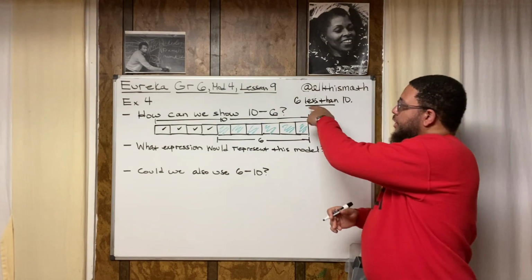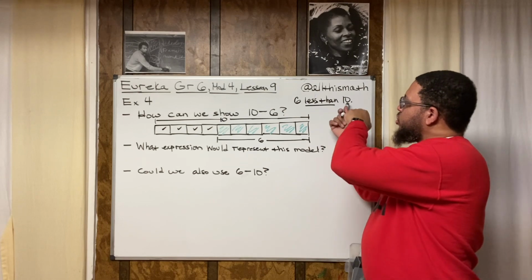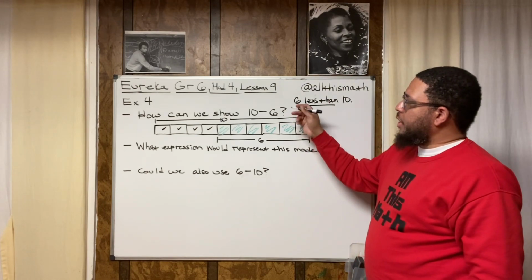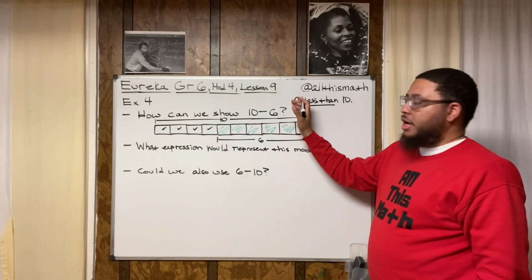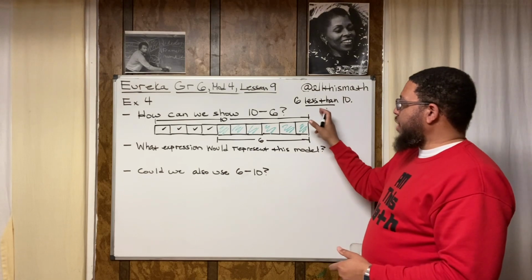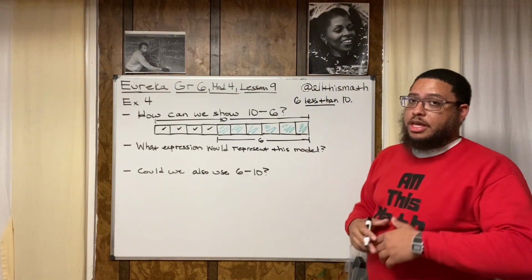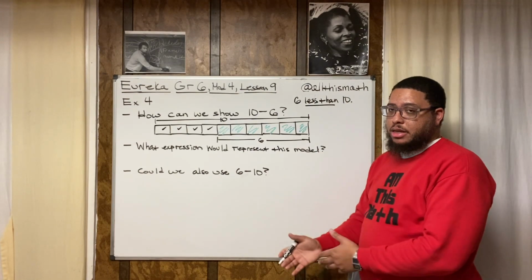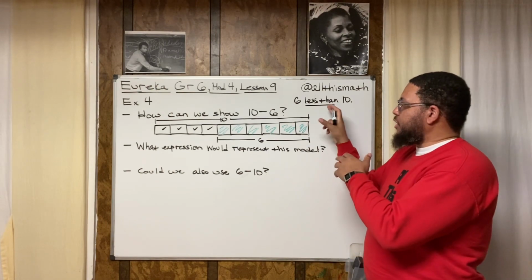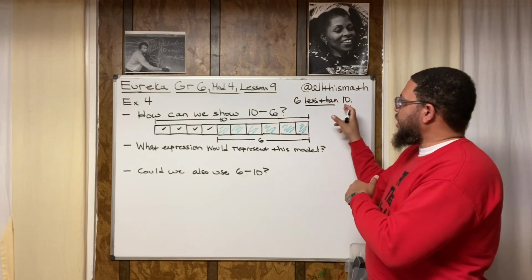But 6 less than 10 means you start out with 10 and you take 6 away. A lot of people get confused because they follow the order of the phrase, and they see 6 first, and they know that this deals with subtraction, and then you've got a 10. So they think you're supposed to do 6 minus 10, but you're not. Remember, you have to really understand what this expression means. It means 6 less than this number.